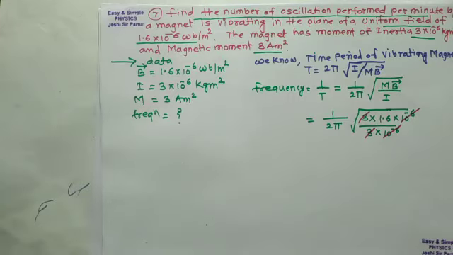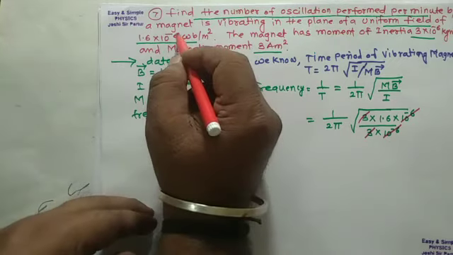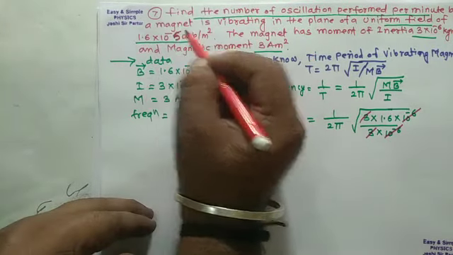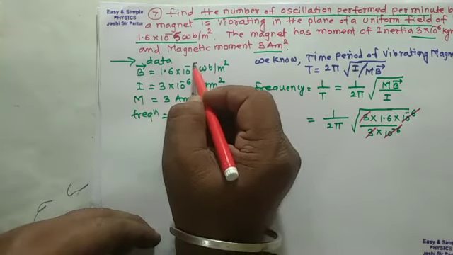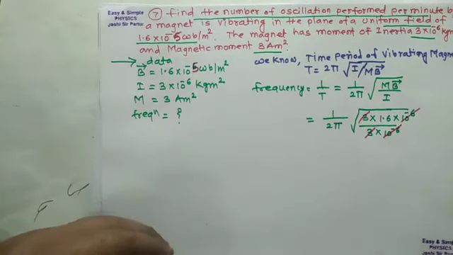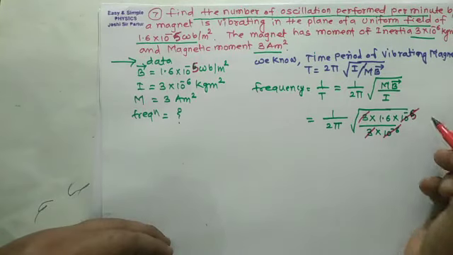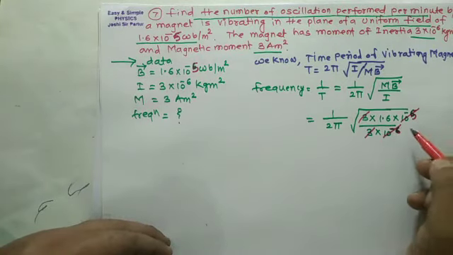Here 10 to the power minus 5 means, here make a correction, magnetic induction will be 10 to the power minus 5. So 10 to the power minus 5 and 10 to the power minus 6 will be the same.